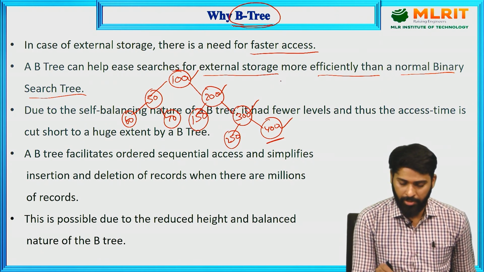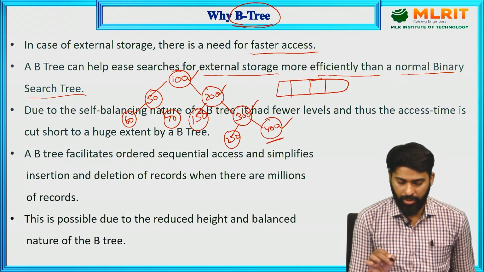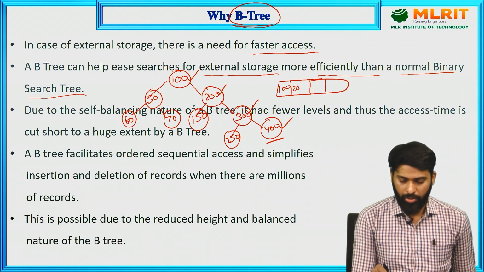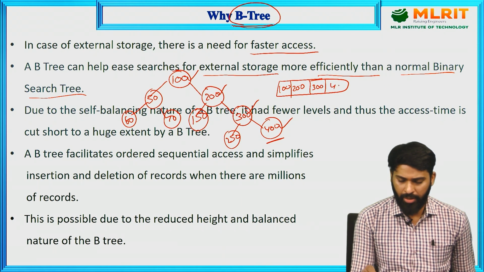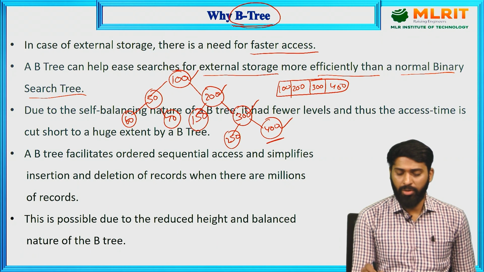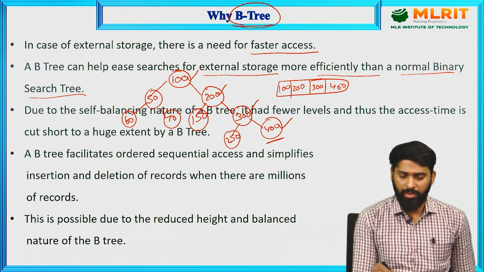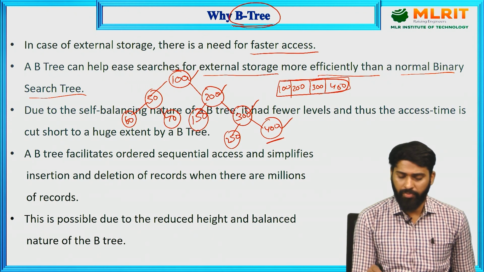For example, if I store like this 100, 200, 300, 400, now when I load this node from external storage to primary memory, then in the first comparison only we find the 400.